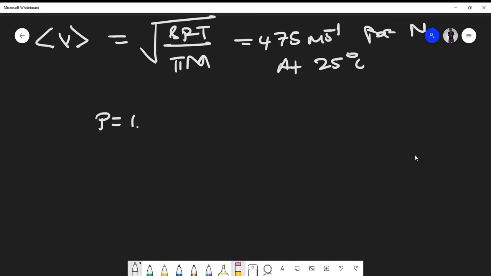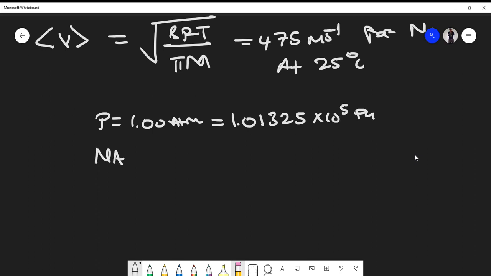So we know that pressure is 1 atmosphere, which is equivalent to 1.01325 times 10 to the 5th Pascal. And we know that Avogadro's number is 6.022 times 10 to the 23rd per mole.